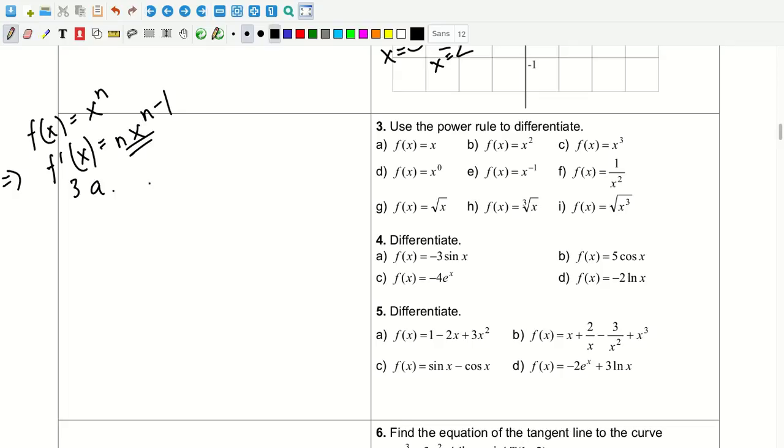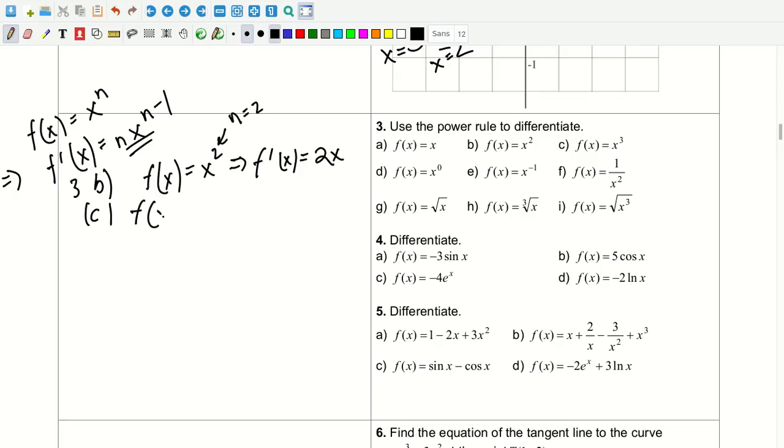Okay, with that being said, f of x equals x squared. n in this case is 2. So the derivative f prime of x, and by the way, this is part B, will just be 2x to the 1, or just 2x. C, f of x equals x cubed.